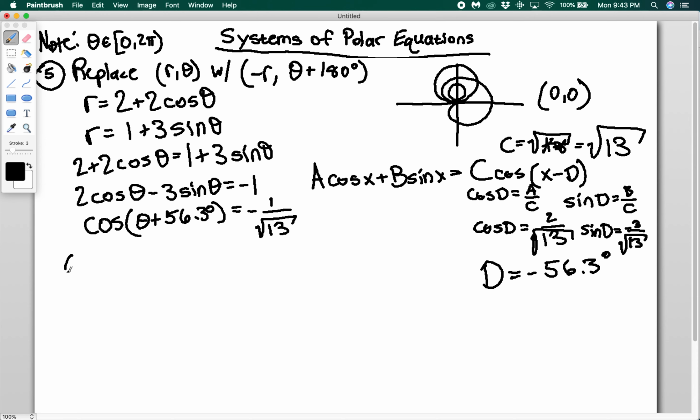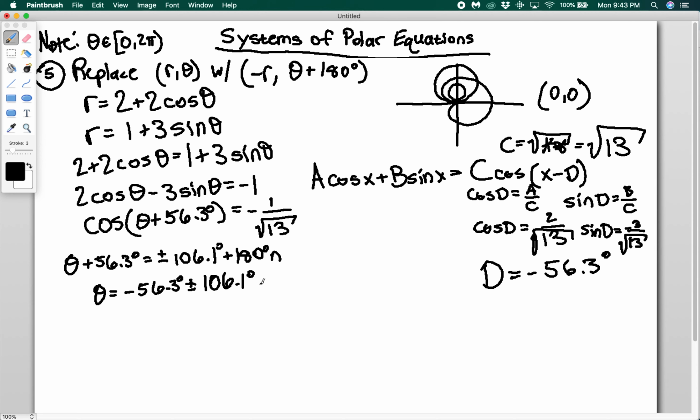And that means that theta plus 56.3 degrees equals positive or negative 106.1 plus 180 degrees n. So theta equals -56.3 degrees plus or minus 106.1 degrees plus 180 degrees n.